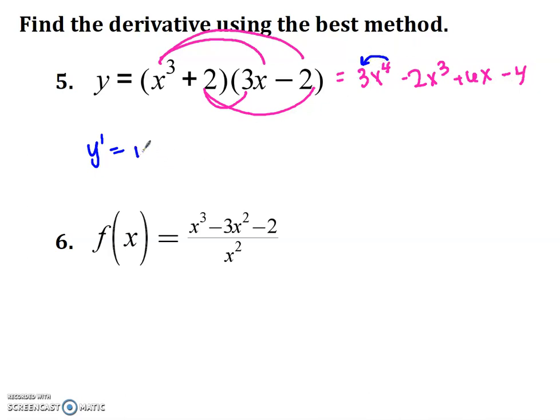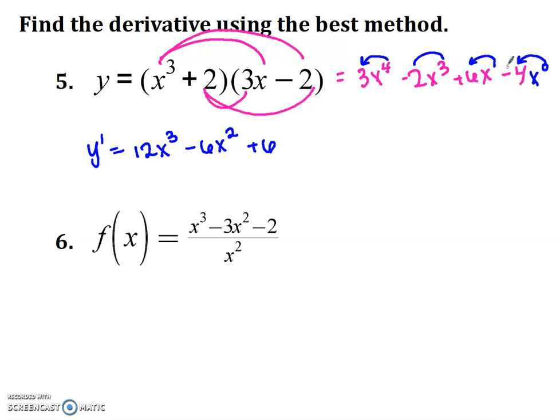So 3 times 4 is 12, and then my new exponent will be 3. 2 times 3 is 6. My new exponent will be 1 less. This is 6 times 1. So just plus 6, that would be x to the 0. And then here, when I take the derivative of a constant, that'll just be 0, because it's like we have an x to the 0 here.